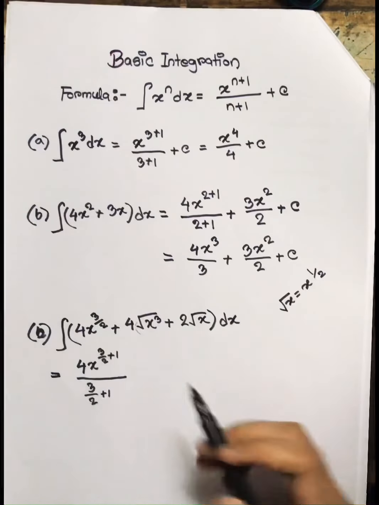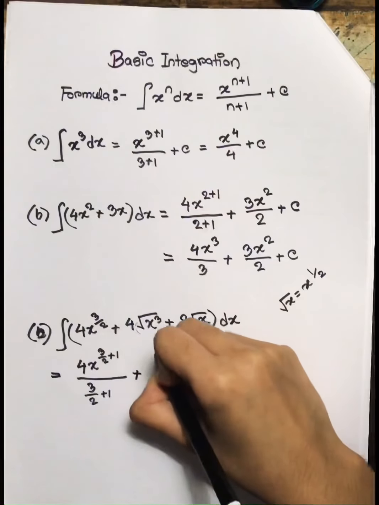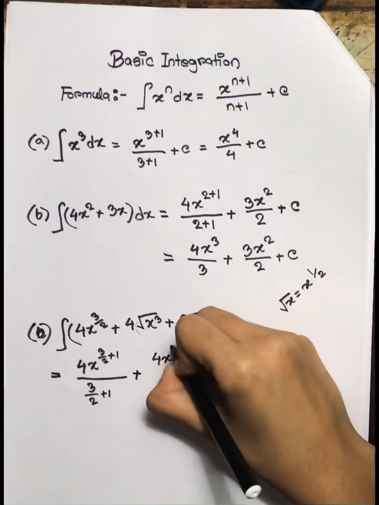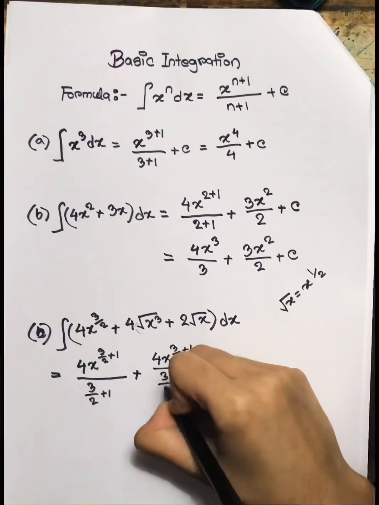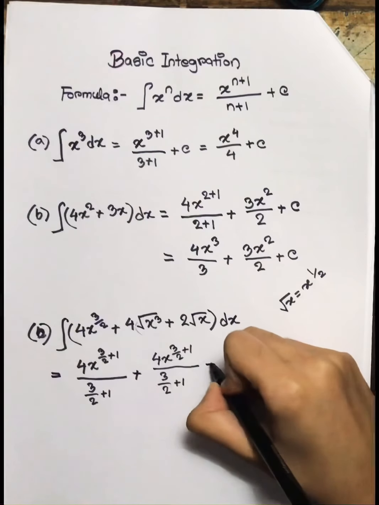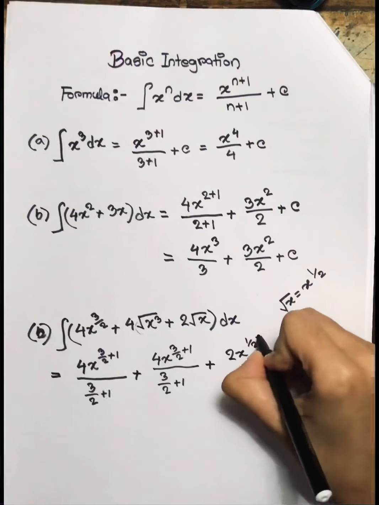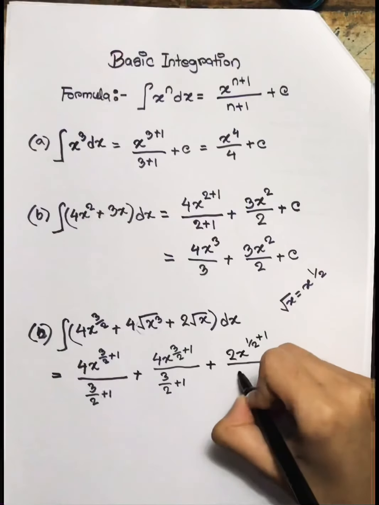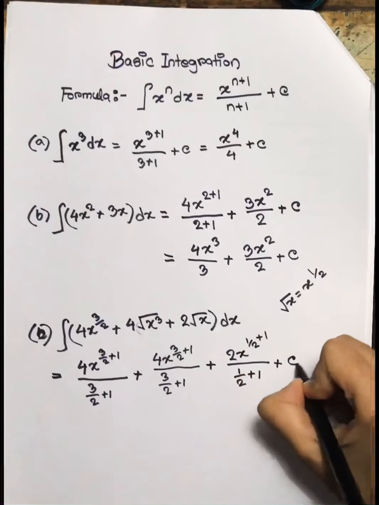So this thing becomes x to the power 3 by 2. So similarly, x to the power 3 by 2 plus 1 divided by 3 by 2 plus 1, and here 2 x to the power half plus 1 divided by half plus 1 plus constant.